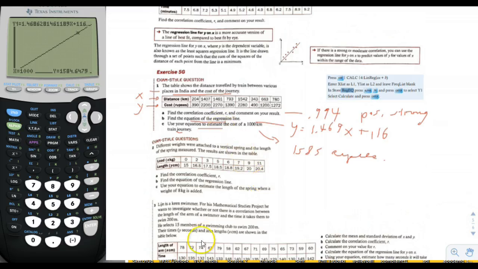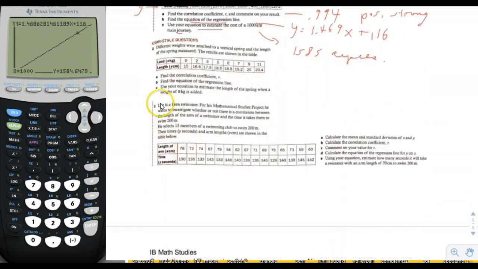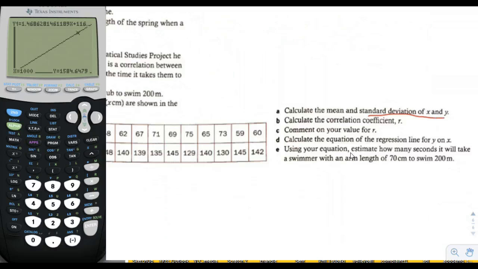The only difference may be, if you take a look at number 3, the only thing that's a little bit different about this one is that it also asks you for the standard deviation of x and y. Where would you see the standard deviation?